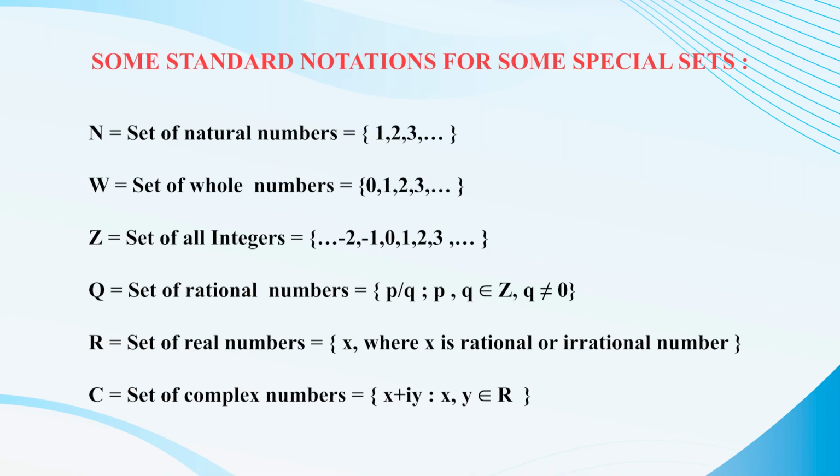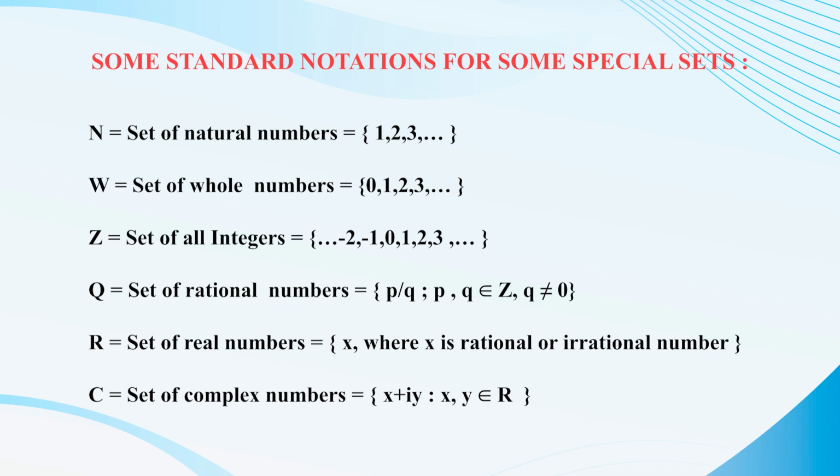It's time to learn some standard notations for some special sets. Capital N stands for set of natural numbers, which you are already familiar with. Similarly, W and Z will represent the set of whole numbers and integers respectively.